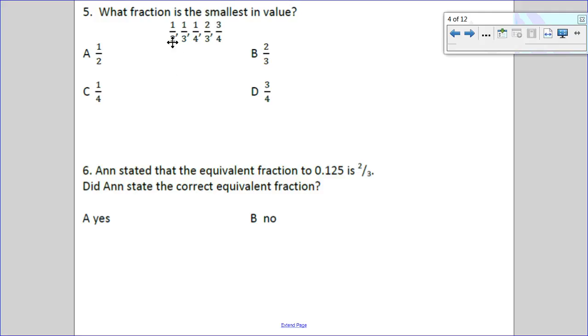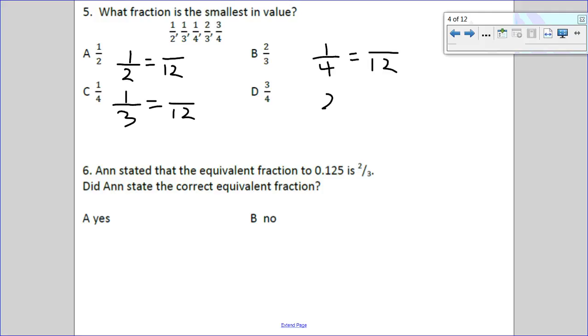So we've got to change 1/2 into some number over 12. We have to change 1/3 into some number over 12. We have to change 1/4 into some number over 12. 2/3 into some number over 12. And last but not least, 3/4 into some number over 12.